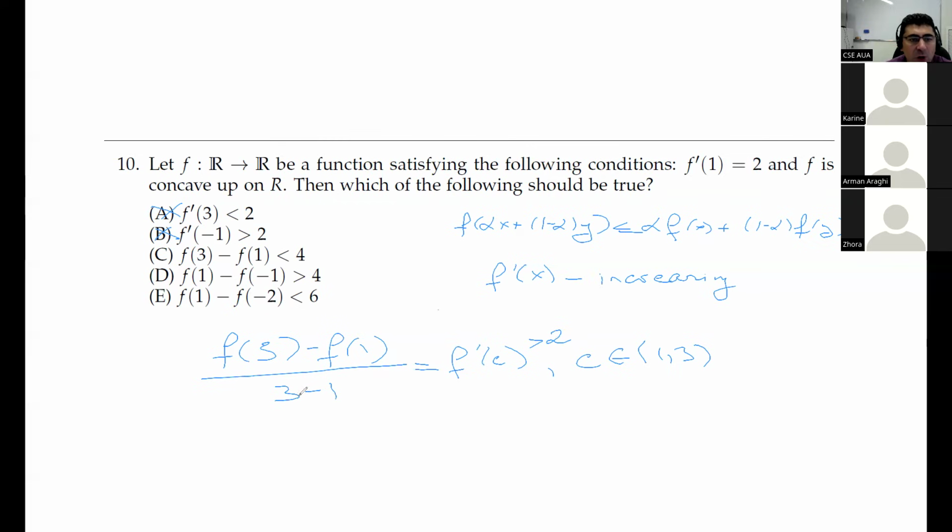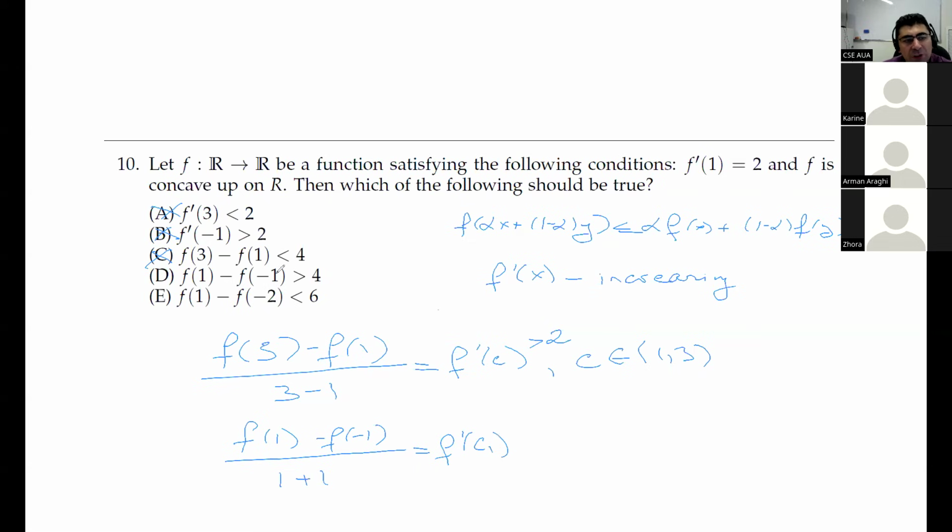f(3) minus f(1) is bigger than 4, not smaller than. So this being smaller, again, we can drop. What does statement D say? Again, mean value theorem. f(1) minus f(-1) divided by 1 minus (-1) is f prime at another point c1.